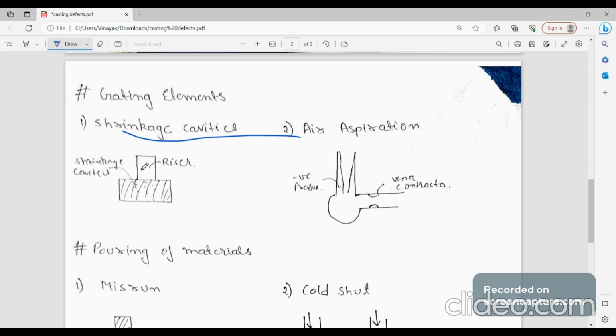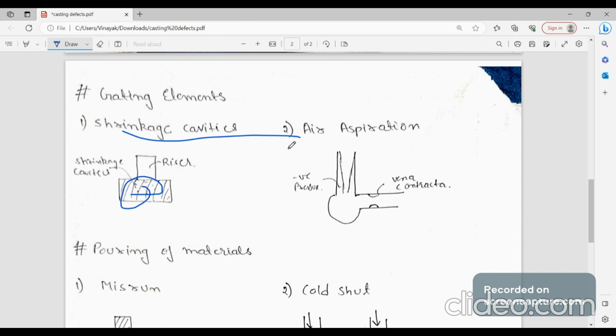The riser will not be supplying metal to the mold sand, so some cavities are left here. That is called shrinkage cavity. If the riser is designed properly, whenever the casting is shrinking, the riser will provide liquid metal to fill that cavity. If the riser is not designed properly, this defect will be formed.